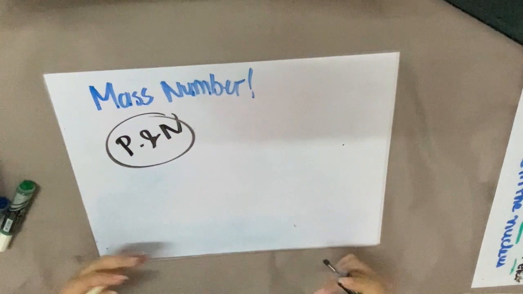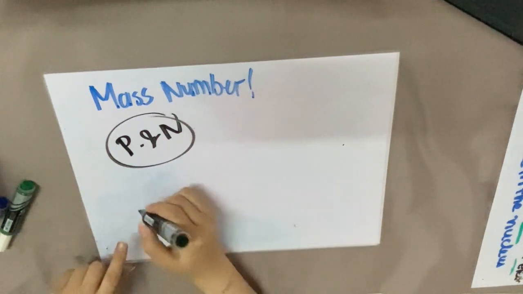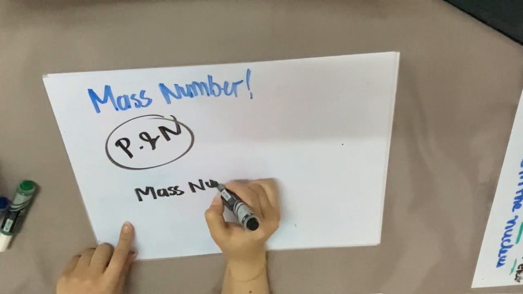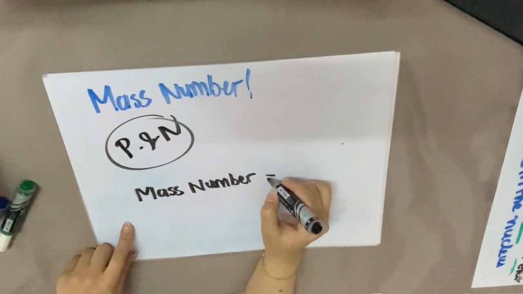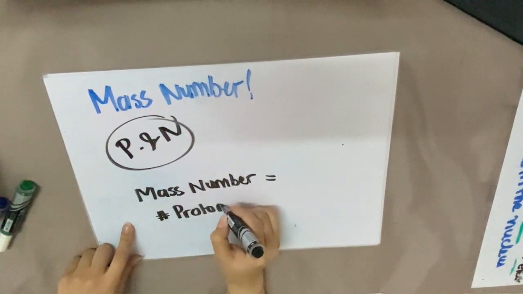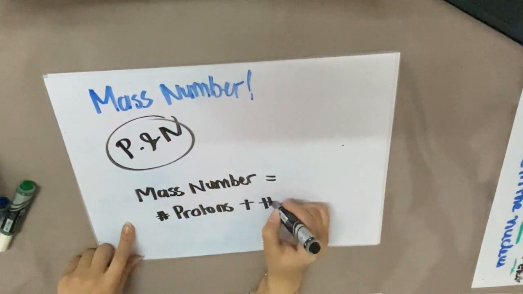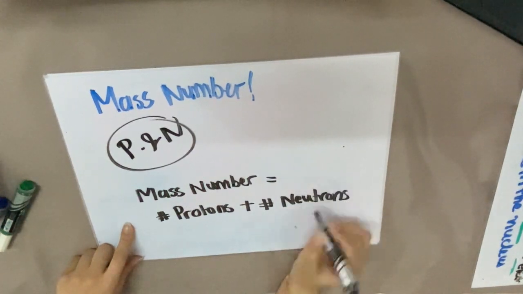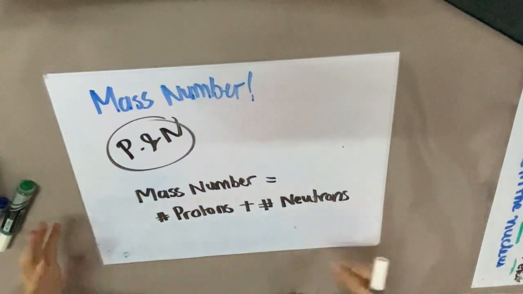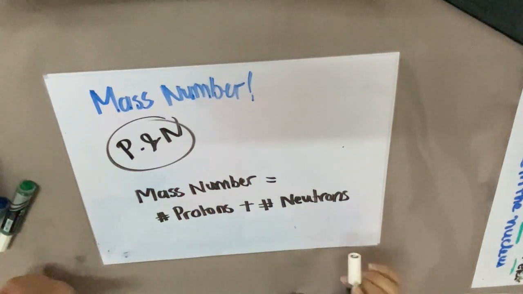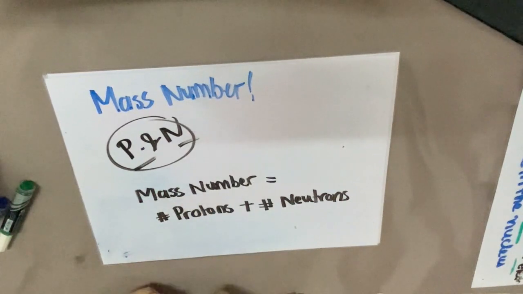So by this we can conclude that the mass number is number of protons plus number of neutrons, because we're talking about the heaviest part of an atom, and the heaviest part is the nucleus, and the nucleus contains protons and neutrons.